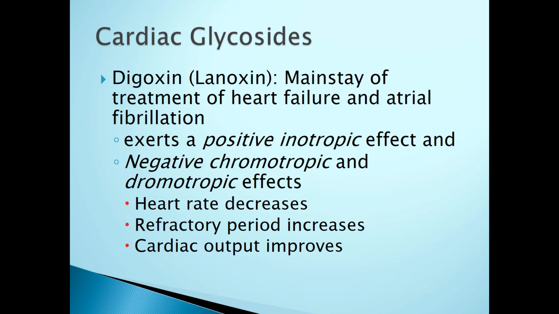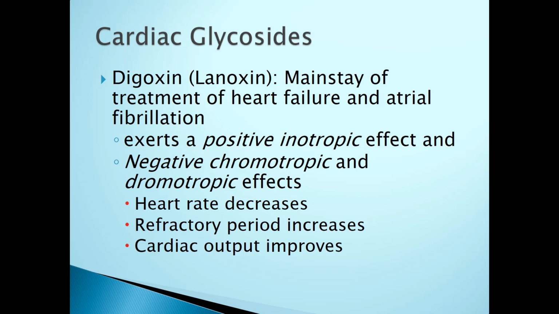Cardiac glycosides have positive effects and have often been the mainstay of treatment of heart failure and atrial fibrillation. Digoxin, it has been the mainstay for years. Not used quite as much here in the United States, but a more extensive use in Europe. It exerts a positive inotropic effect. It increases the force of contraction.